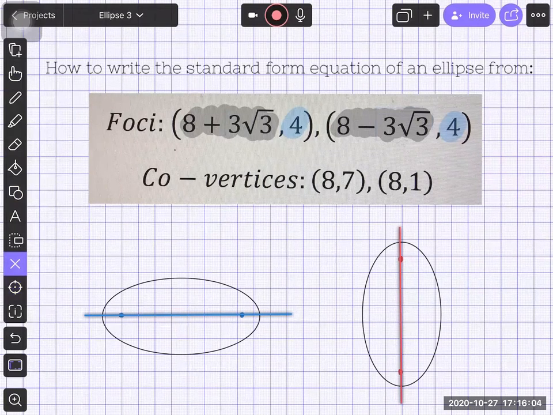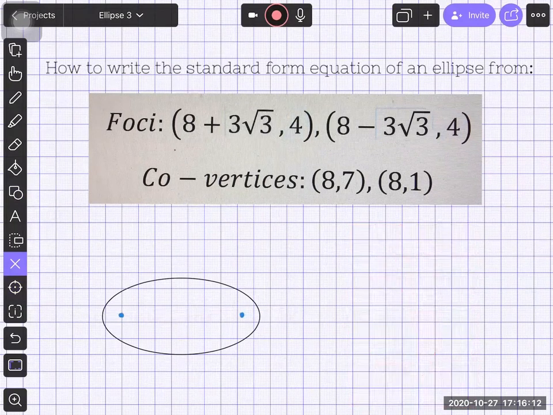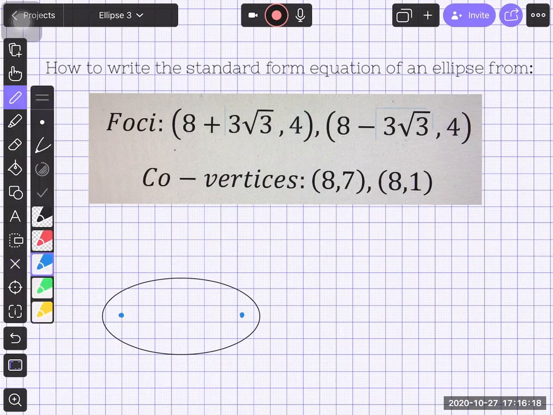So from here, we can get rid of this and start getting information. First of all, we know that the focus is at h plus c, comma k.